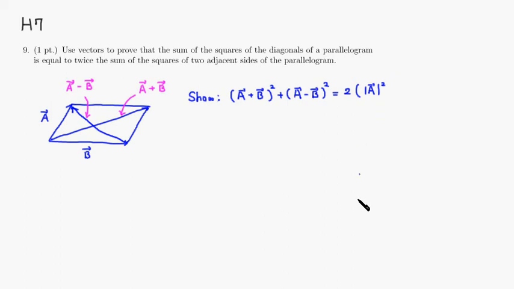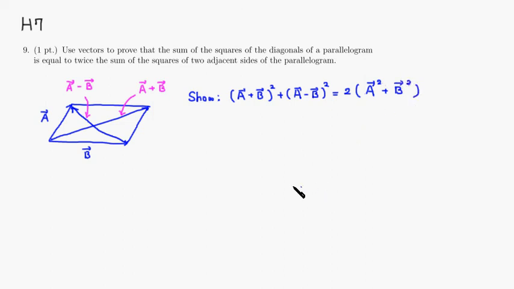Actually, maybe I should be a little more consistent and write it as A squared, like before, which is going to be the same thing anyway, because the dot product with itself gives you the magnitude squared. Then the other adjacent side is vector B, so it's going to be vector B squared.